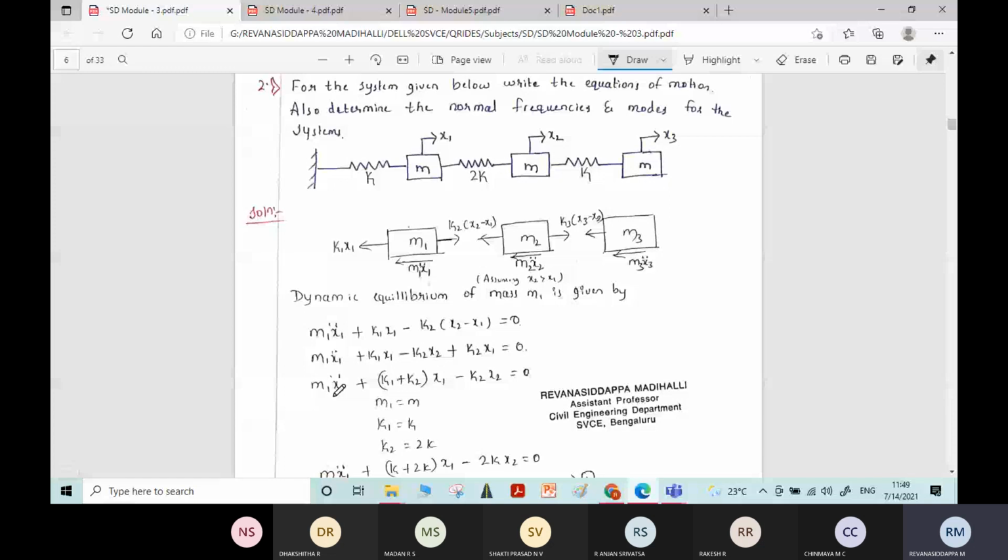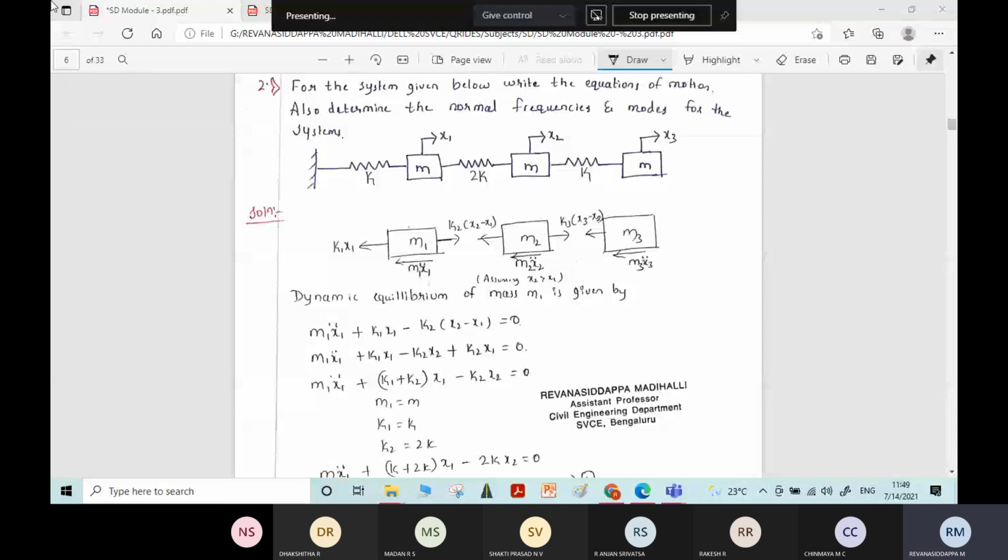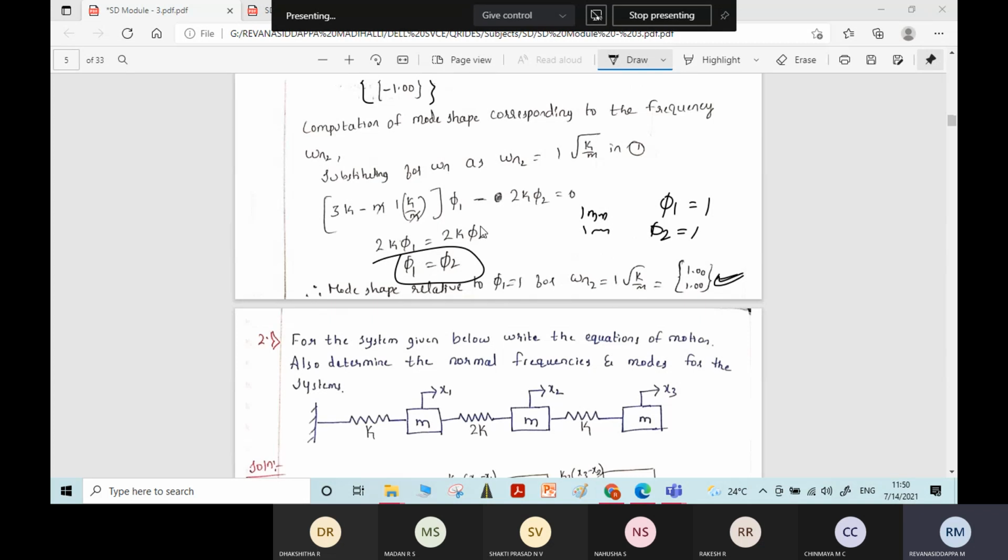See, here for problem number 2, what I assumed in the spring is tension. When I assume tension, it becomes compression here. But during solving the problems in your class, whatever procedure I have followed for this problem, the same procedure I have followed.